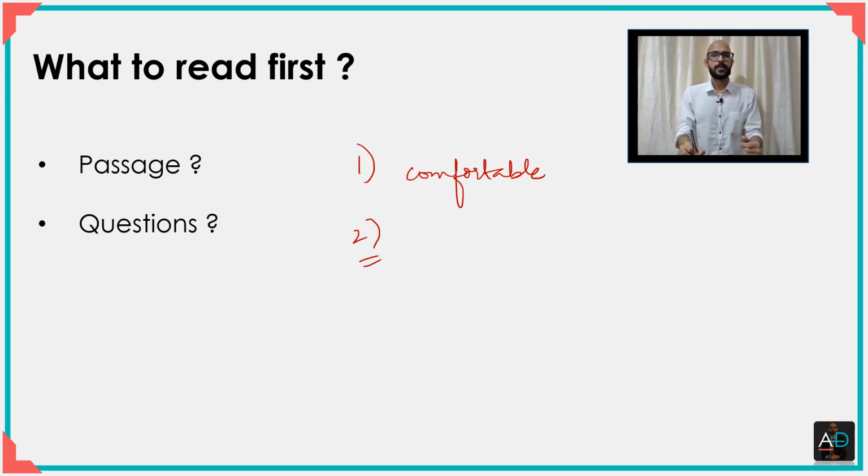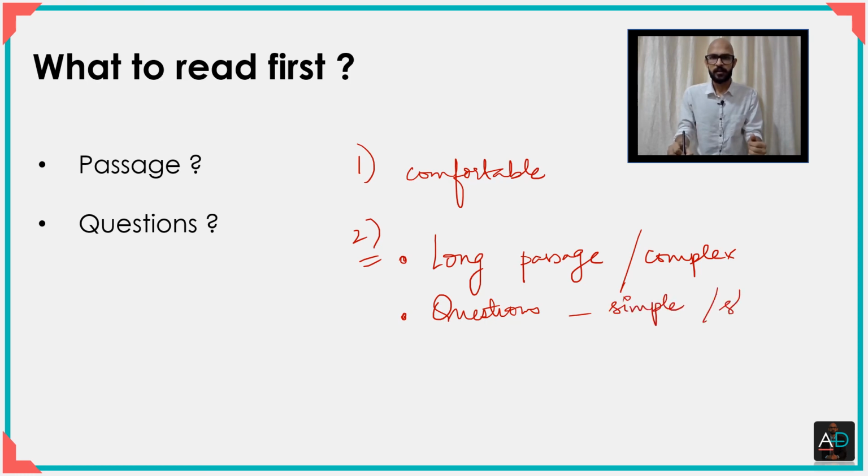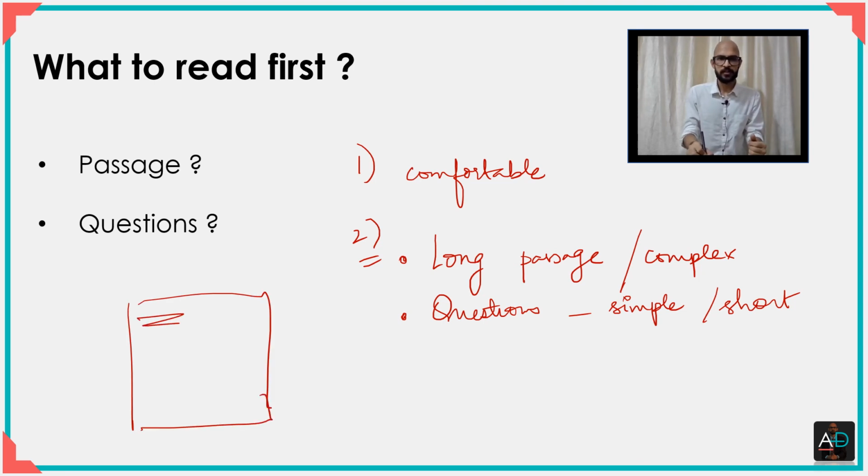Let us say you have a very long passage, and the passage also looks complex. It's a tough looking passage that has many technical details and it's very long. And let us say the questions look simple and short. Which typically means that your reading comprehension paper looks like this: you have a long passage, but your questions are very simple. There's one line here followed by 4 small options.